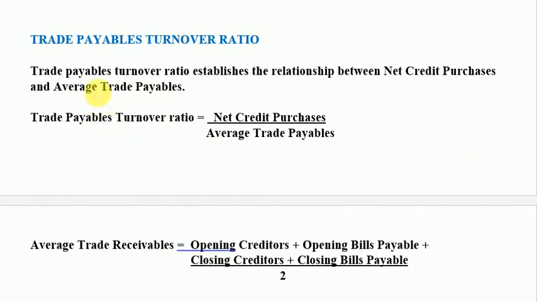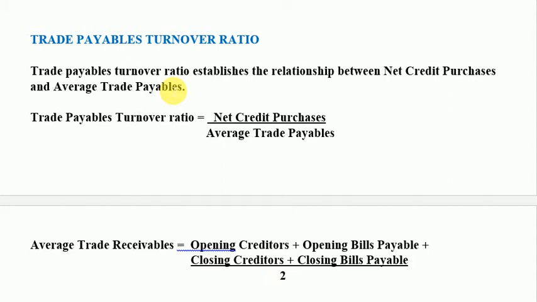In trade payables, we have to include creditors and bills payable. Trade payables turnover ratio establishes the relationship between net credit purchases and average trade payables.